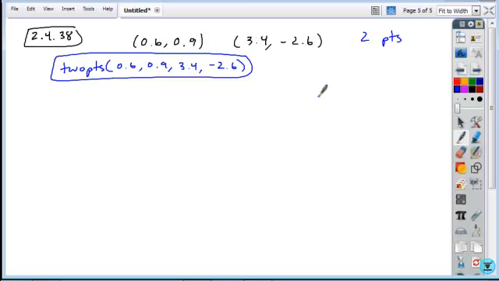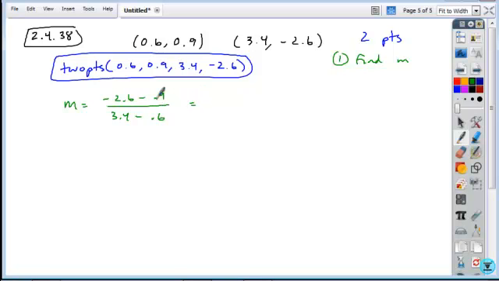Okay, so let me go through how you need to do this if you didn't take the time to enter the user-defined functions. If you're given 2 points, your first step is to find the slope. The slope of this would be the difference of y's, so negative 2.6 minus 0.9, over the difference of the corresponding x's, 3.4 minus 0.6.